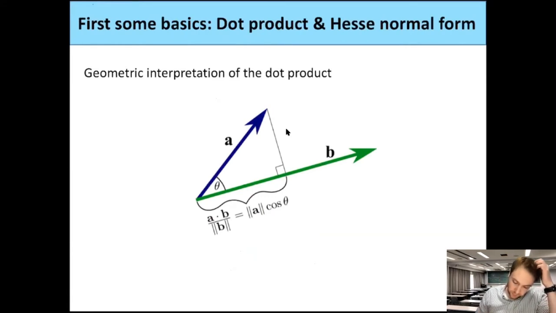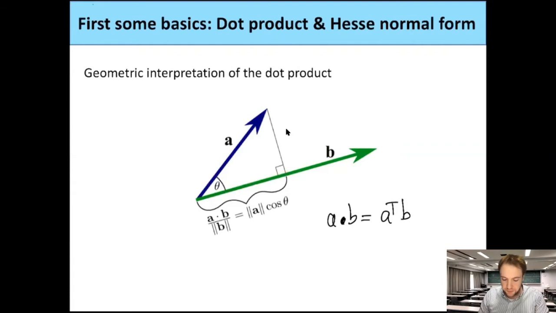The dot product of two vectors A and B is just A transpose times B, and it has a geometric interpretation: if the length of B is 1, then the dot product is exactly the length of this part here.